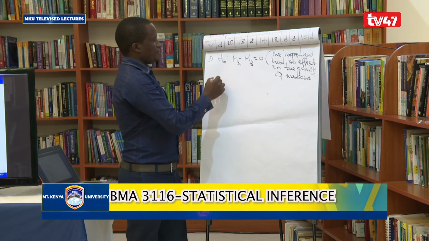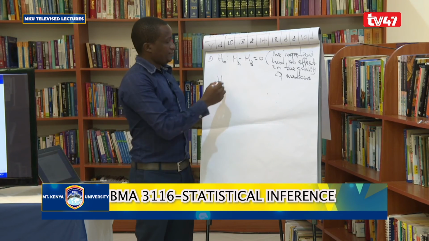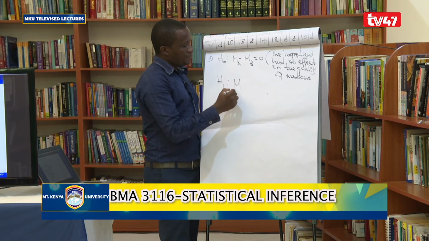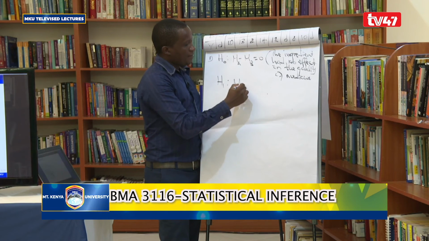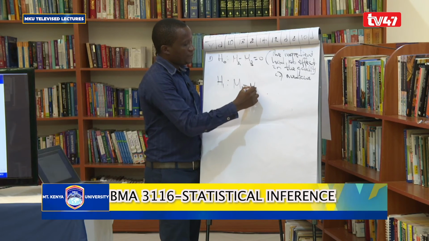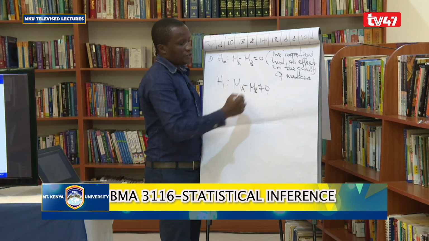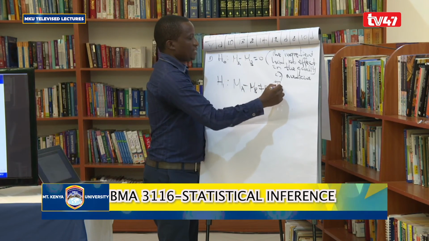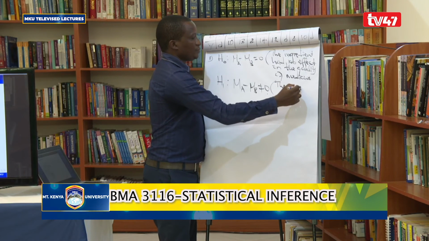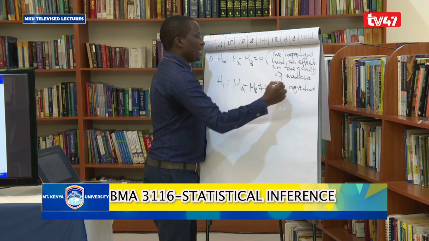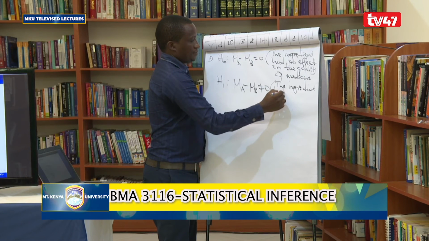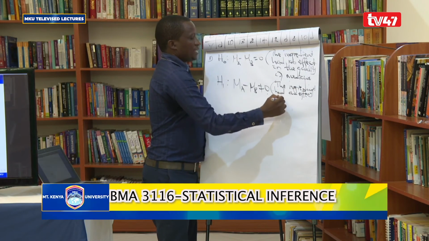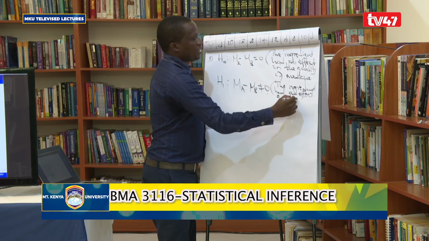Then we define H1. The alternative hypothesis to compare to H0 is mu A minus mu B is not equal to 0, such that here we will say that the ingredient had an effect on the medicine, on the quality of medicine.